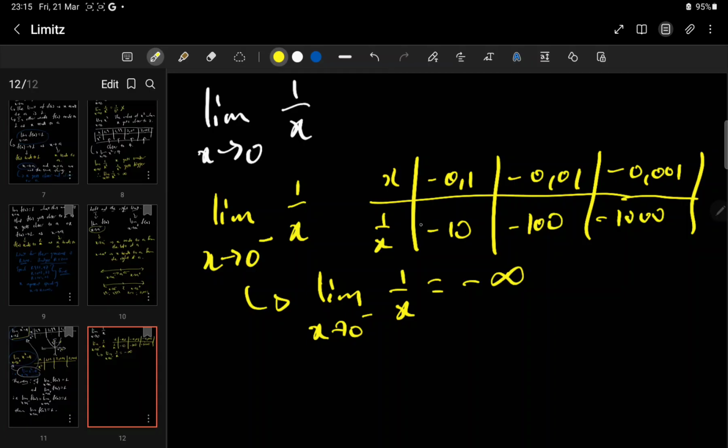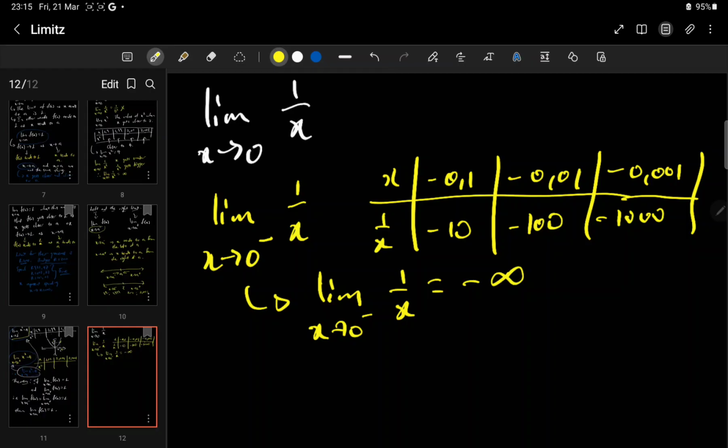It's a no-brainer. You can also analyze this just from the fraction itself: when x becomes smaller, in the negatives, 1 over x becomes bigger in the negatives.